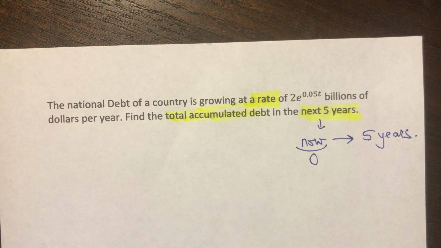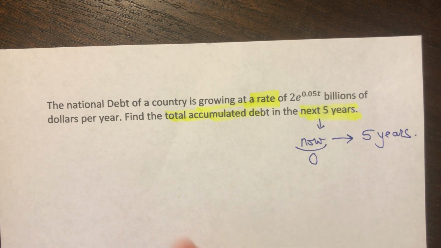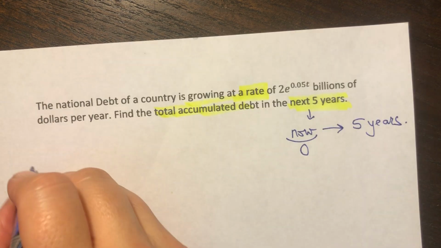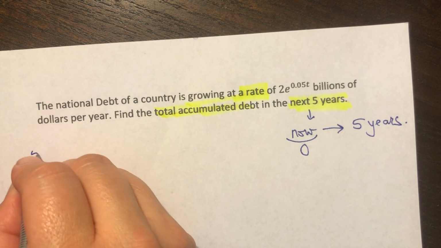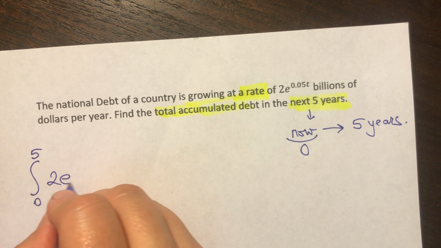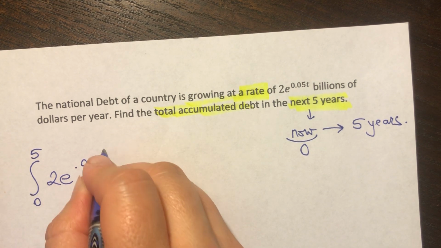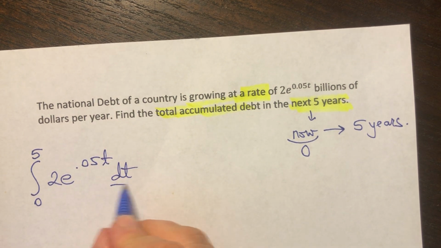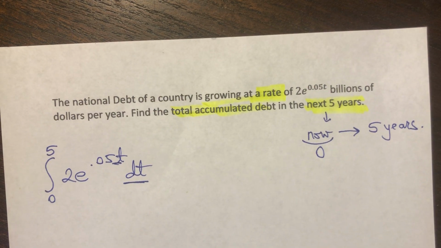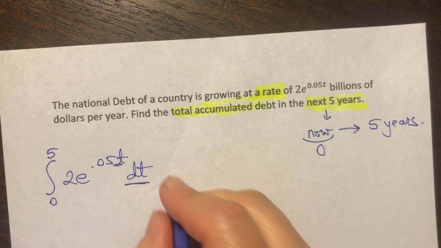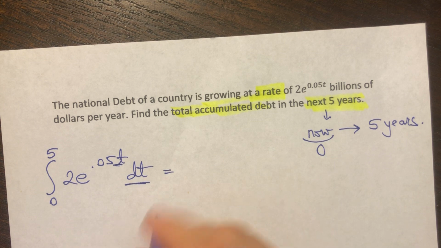Now means year 0, right? So from now, we're starting at, not a year from now, we're starting at time 0, yes? So it's going to be the integral from 0 to 5 of 2e to the 0.05t dt. Don't forget to change it to the name of the variable, right? That's what you're taking the integral with respect to.